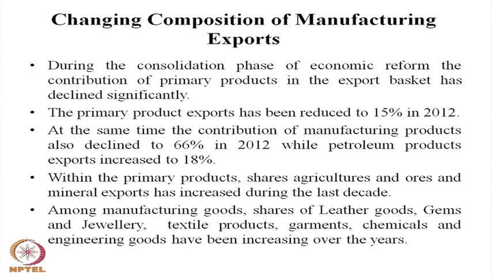However, after 2006 it has declined, and there is a significant increase in petroleum product export, which has constituted nearly 18% of our export revenue. Within the primary product, the share of agriculture and ores and minerals has increased during the last decade. Among the manufacturing goods, leather goods, gems, jewelry, textiles, garments, chemicals and engineering goods constitute a significant part of our export earning.